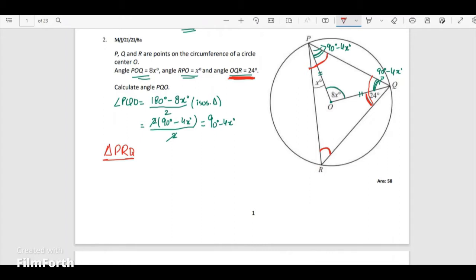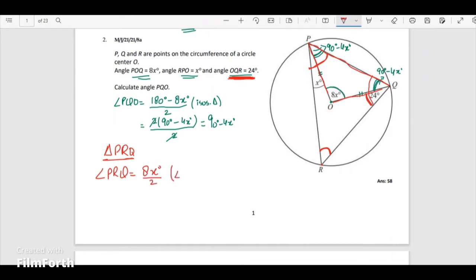This is the angle made on the circumference, and it's made by the chord PQ, this chord or the arc PQ, and this same arc or chord is making this angle 8x degrees at the center. This means angle PRQ would be equal to 8x degrees divided by 2. Why?